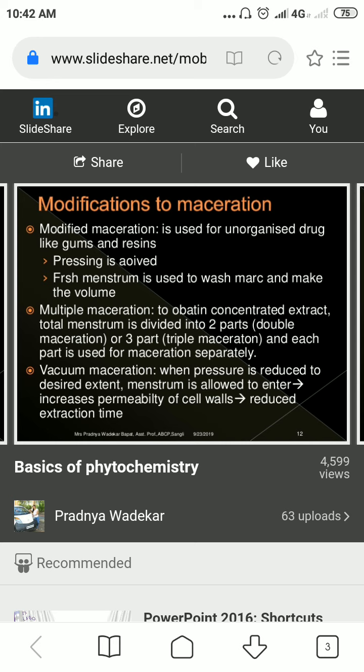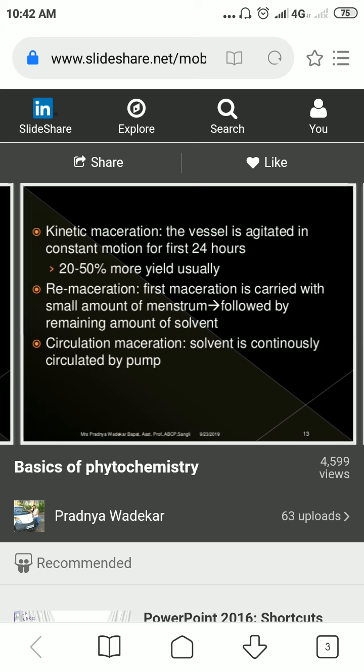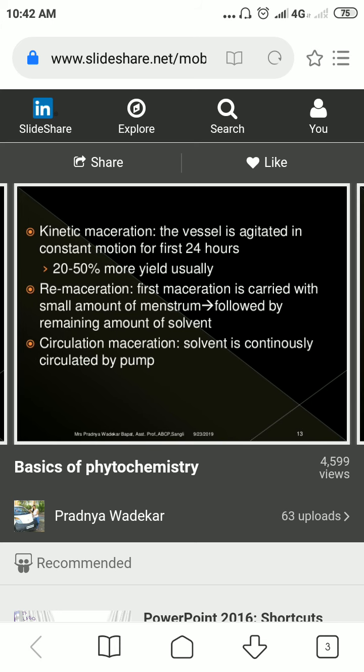Vacuum maceration is also one of the modifications, where pressure is reduced to obtain the extract. By application of vacuum we can increase the efficiency of extraction. Kinetic maceration is also one type of modified maceration, in which the vessel is agitated in constant motion for the first 24 hours.